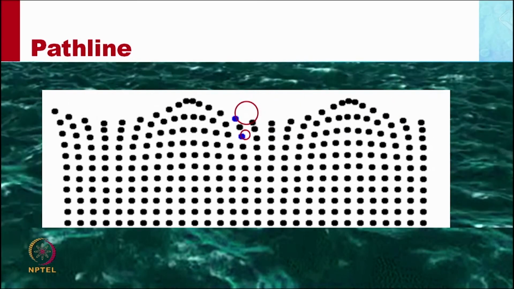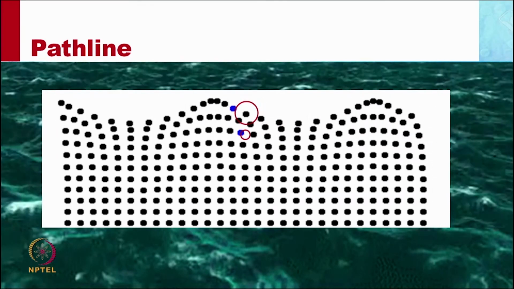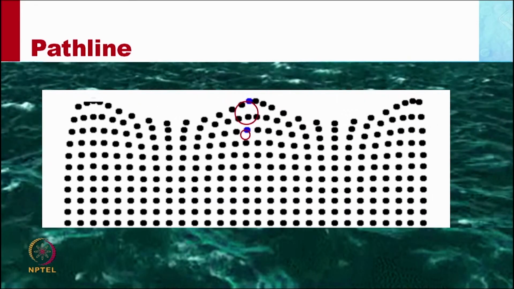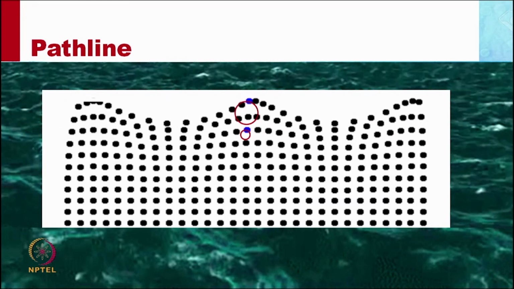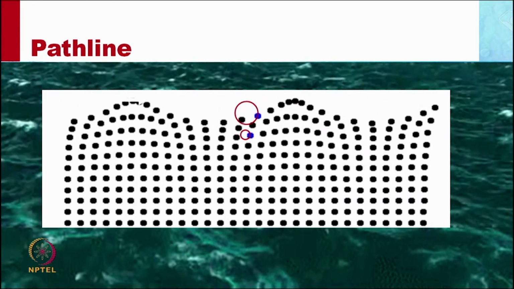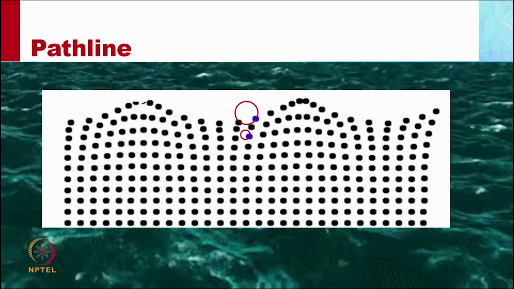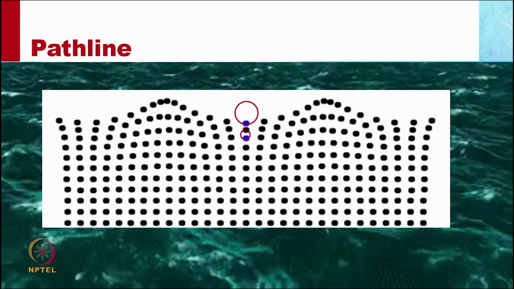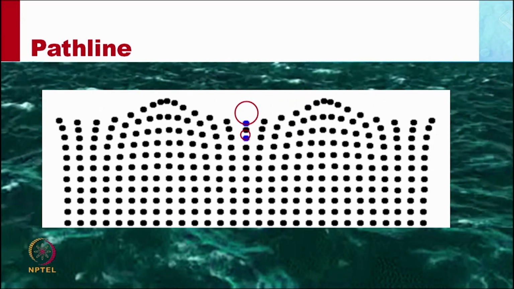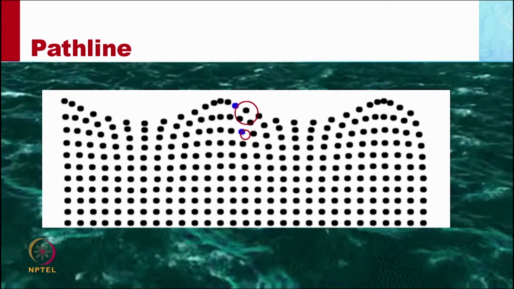Let's look at two particles, and their path is along two circles. So the particles in this are moving purely in circular motion. So paths of the particle are circular even though the waves appear to be traveling to the right.